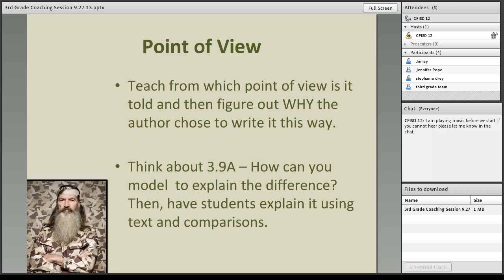And now the author is writing this story a certain way, and let's figure out why they decided to write it this way. So please make sure that you're modeling how you explain it so they hear you doing it, and then get them talking to explain the text and comparisons between different kinds of point of view.